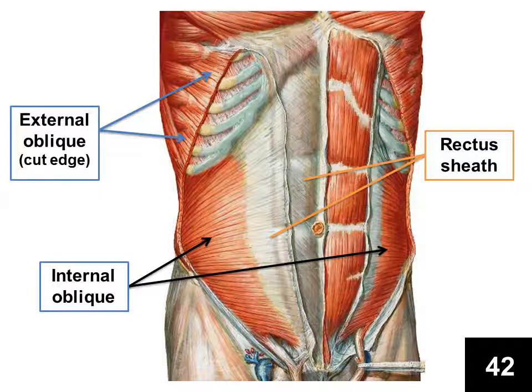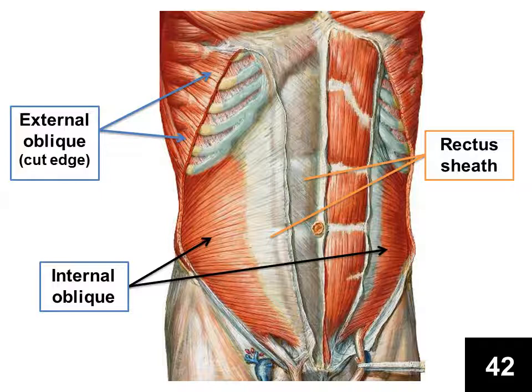Now most of the fibers, the direction is the opposite: upward and forward. فالدايركشن هو بعكس الاكسترنال oblique. The posterior fibers of this muscle pass upward and laterally, where they become inserted into the lower border of the lower 3 or 4 ribs.